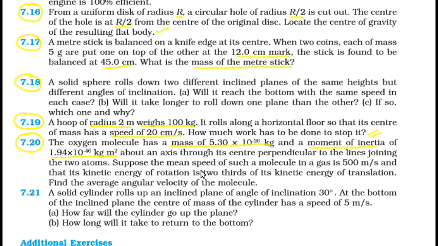Suppose the mean speed of such a molecule in a gas is 500 meter per second and the kinetic energy of rotation is 2/3 of the kinetic energy of the translation. This relation is also given. Find the average angular velocity. So we have to find the average angular velocity of the molecule. So let us see how we can solve this.